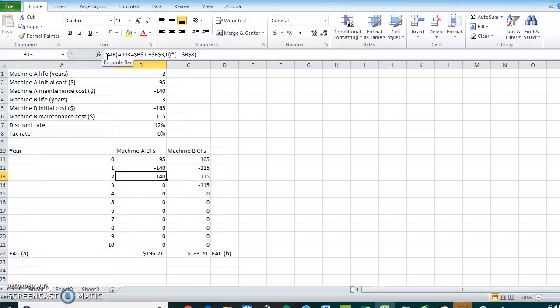So what this says is if the year is less than or equal to the machine life years, plus the machine life maintenance cost times 1 minus the tax rate, then give me that value.